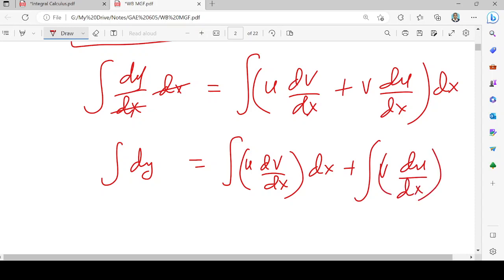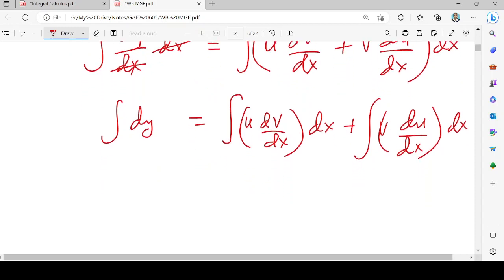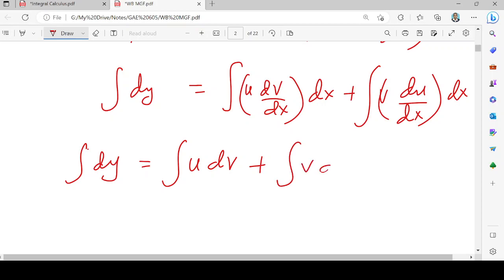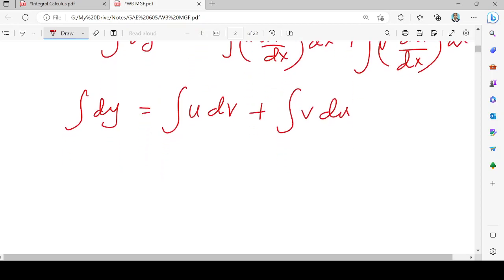Again, we integrate this with respect to x, so that this reduces to the integral of dy, which equals the integral of u dv plus the integral of v du. Integration of the left-hand side will give us y, which will be equal to the integral of u dv plus the integral of v du.